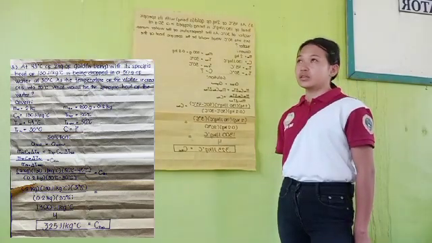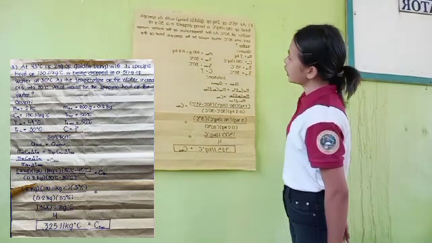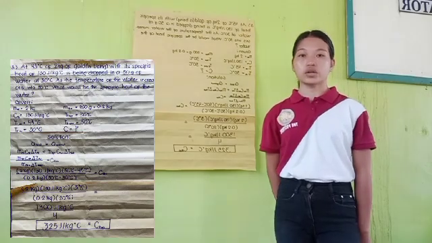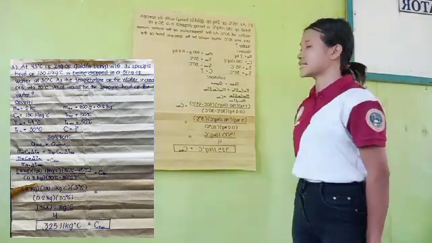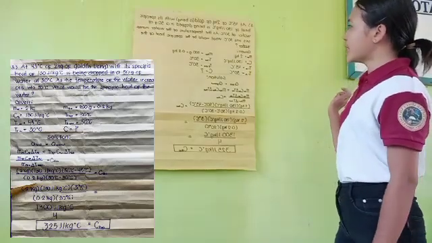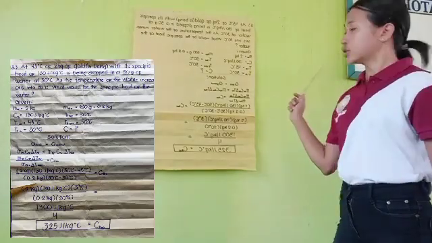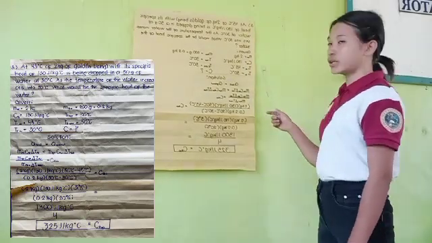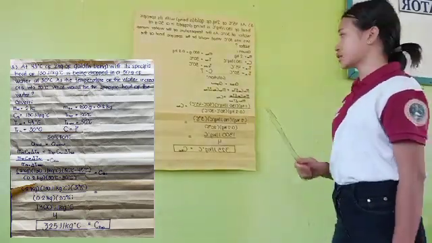So now we are looking for the specific heat of the water. So let us look for the given. The mass of the gold is 2 kilograms. The specific heat of the gold is 130 joules per kilogram degree Celsius.